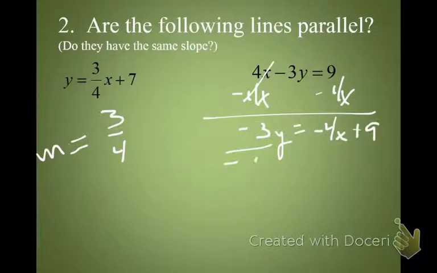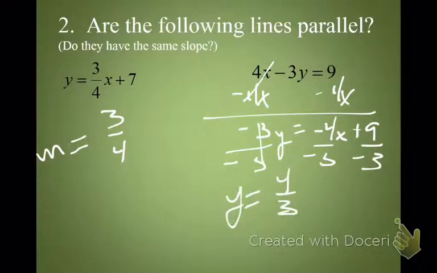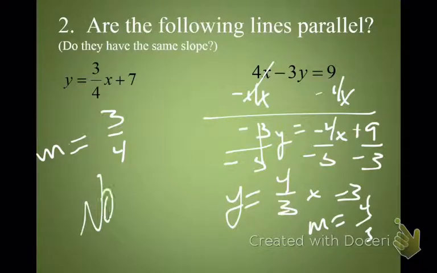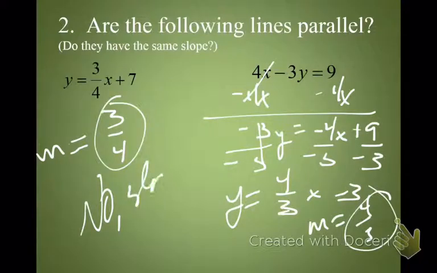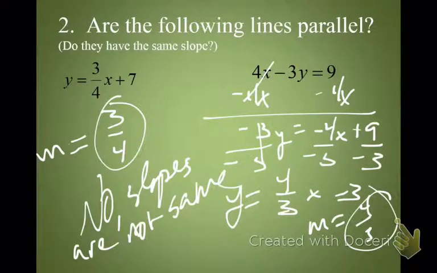Then divide through by -3. Okay, and so the slope for this guy is 4/3. So are these two lines going to be parallel? The answer is no. These slopes are not the same. So these lines are not going to be parallel. Okay?